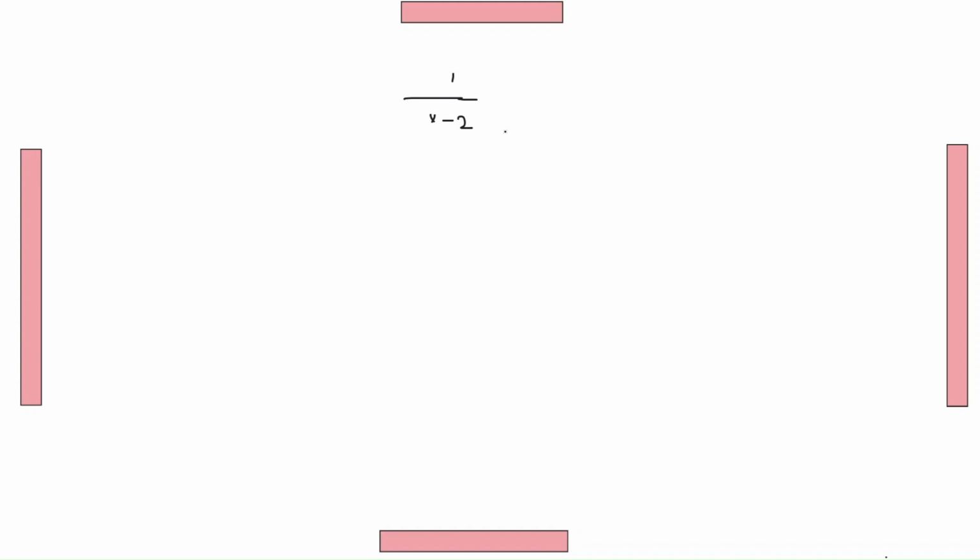So let's first write that continuous statement. We would say it's continuous from negative infinity to 2, union, from 2 to infinity, because 2 is the value that makes this an undefined function, right?